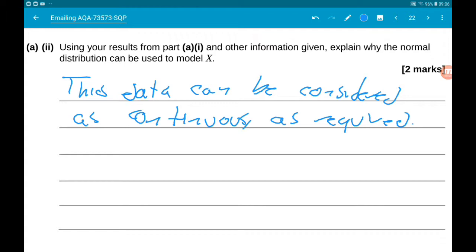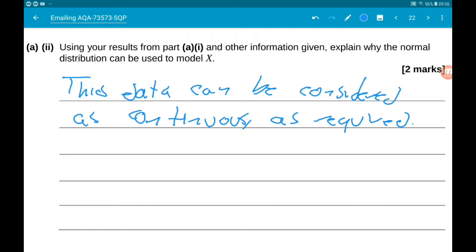And what we also need is the minimum and maximum amounts recorded to be within the mean plus or minus 3s, so 3 lots of the standard deviation.